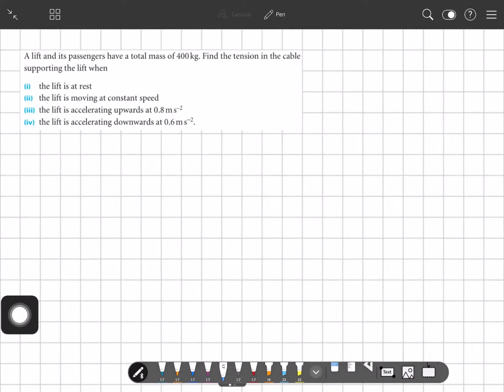First, let's look at the first part. Before we start, let's draw the force diagram of the lift. So we have a box representing the lift, and then we have a passenger.